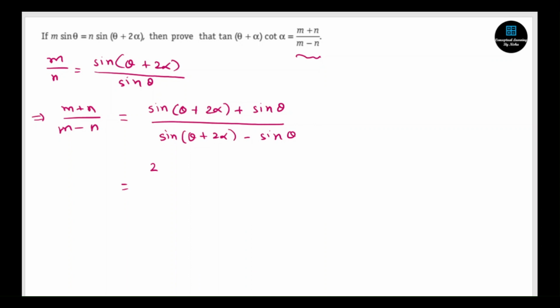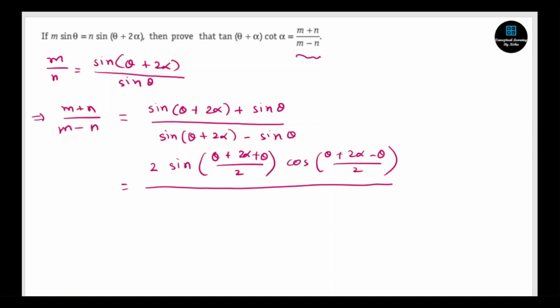Now sine theta plus 2 alpha plus theta upon 2 and cos theta plus 2 alpha minus theta upon 2, right? Upon 2, this is sine minus sine, so I have to write cos first.